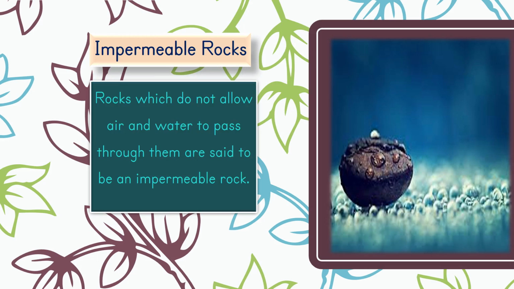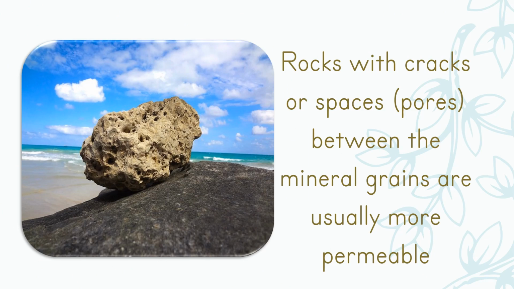Rocks which do not allow air and water to pass through them are said to be impermeable rocks. For example, marble, granite, and slate. Students, do you know rocks with cracks or spaces like pores between the mineral grains are usually more permeable?